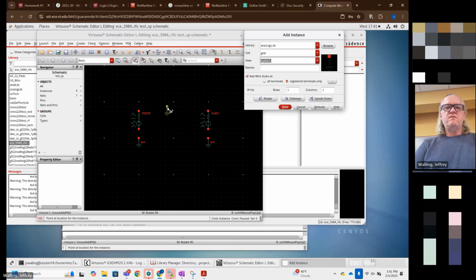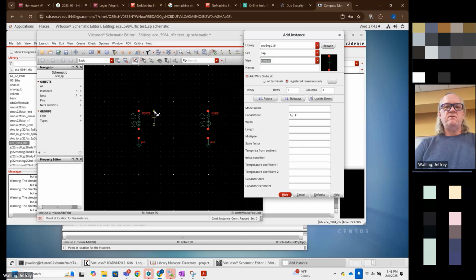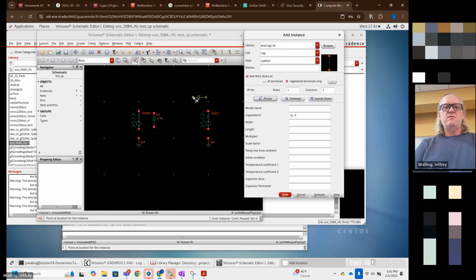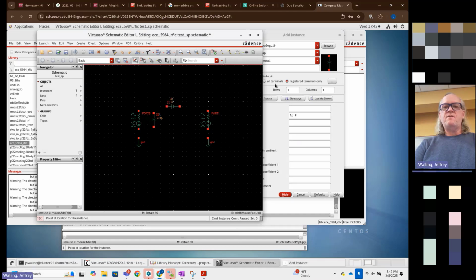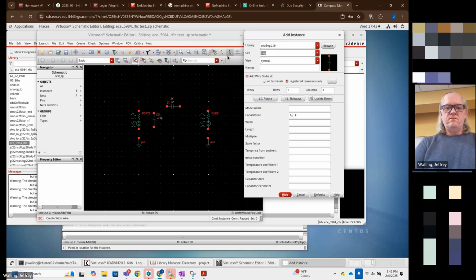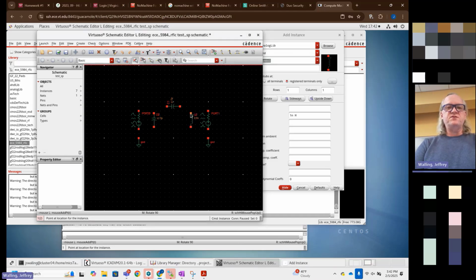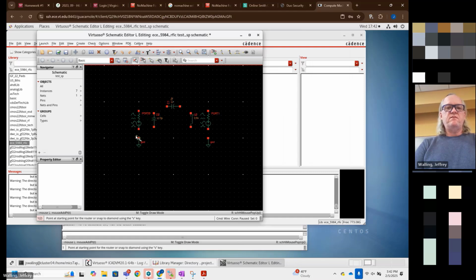So we'll add a cap, another cap, and an inductor. I haven't bothered setting any of the values just yet. We'll do that in just a moment. I'm going to put some wires in. W is wire.